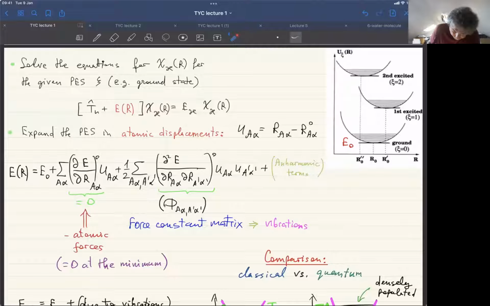Okay. And by the way, another thing I would like to note is that if the system is in the ground state, considering vibrations of that system around the ground state may be quite legitimate in the adiabatic approximation.